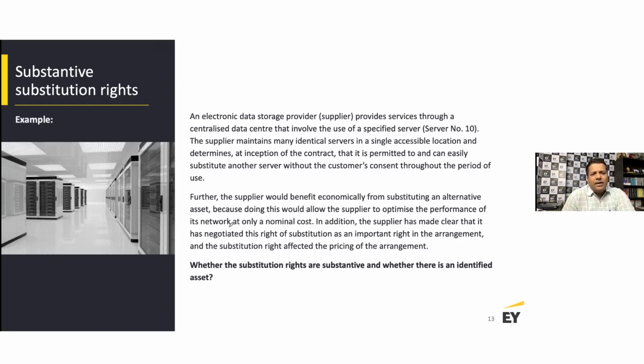Further, the supplier would benefit economically from substituting an alternative asset, because doing this would allow the supplier to optimize the performance of its network at only a nominal cost. In addition, the supplier has made clear that it has negotiated this right of substitution as an important right in the arrangement, and the substitution affected the pricing of the arrangement. That means substitution is substantive in the arrangement, right?